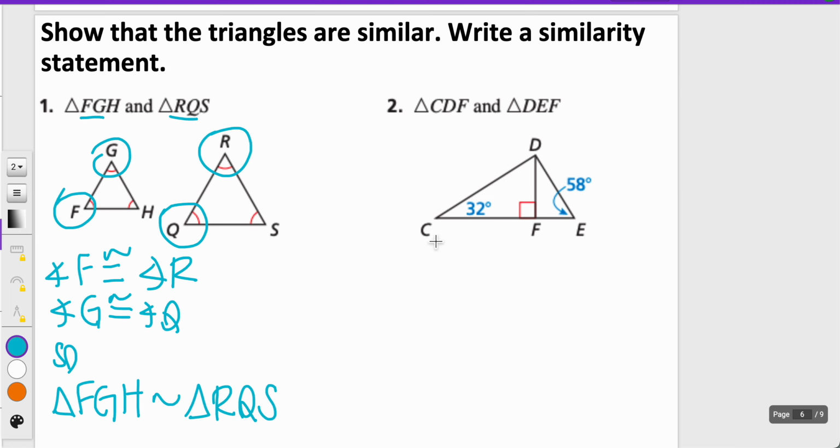RQS. Over here, if I look at triangle CDF and DEF, I would maybe say, first I want to know what are the missing degree measurements.